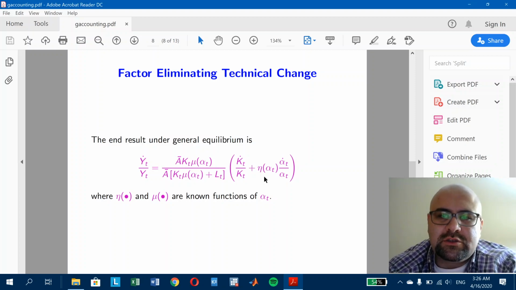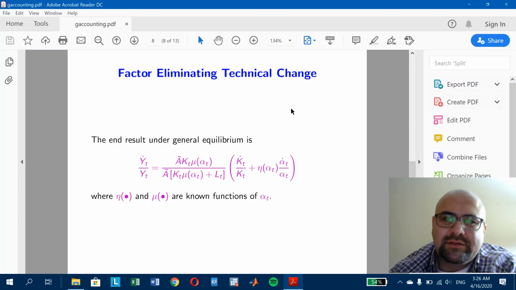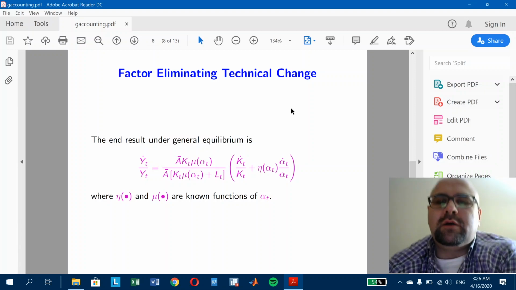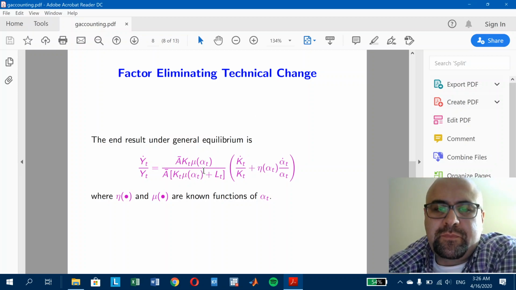All right. So this is just to show you that if you enrich your story about economic growth, the growth accounting exercise will of course get more complicated, but you will learn, of course, different stuff about the sources of growth within such a framework. Okay. So that's it.